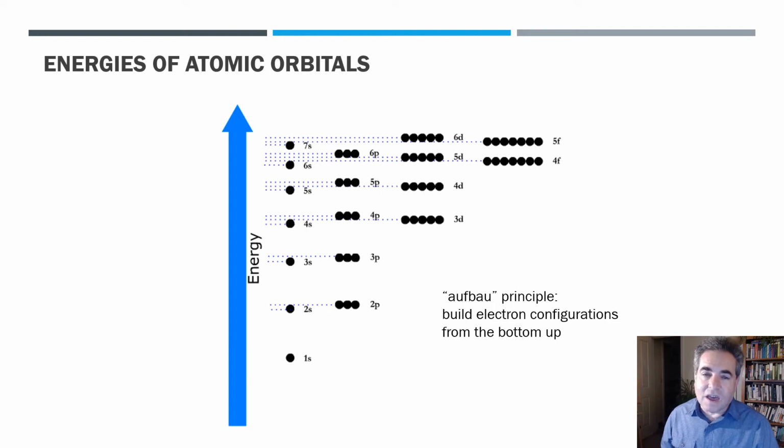Let's take a look at what the orderings actually are. If you look at 1s, you would expect that to be the lowest energy subshell, and it is. It's the lowest energy because it's got n equals 1 and L equals 0, which are the lowest possible values for those two quantum numbers at once. So that'll be the lowest energy subshell out of all subshells. The next one up is 2s, which makes sense.